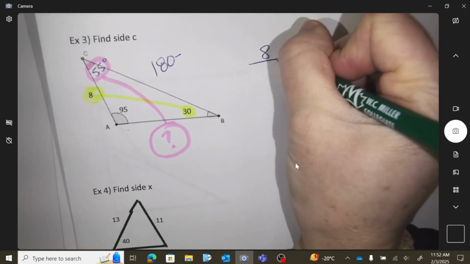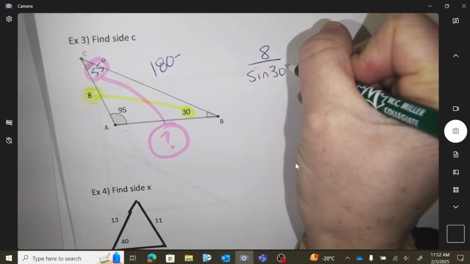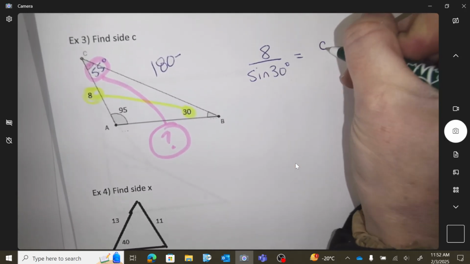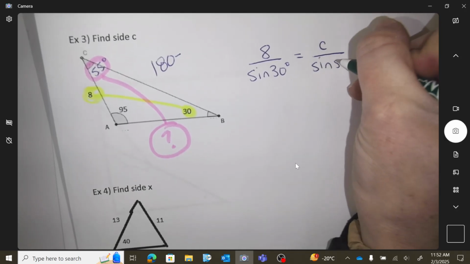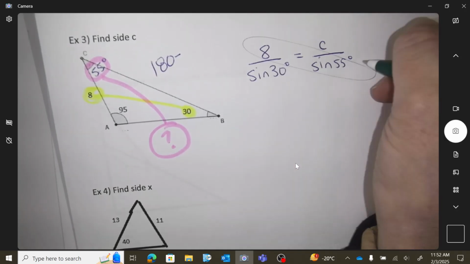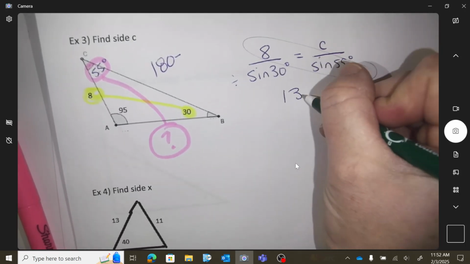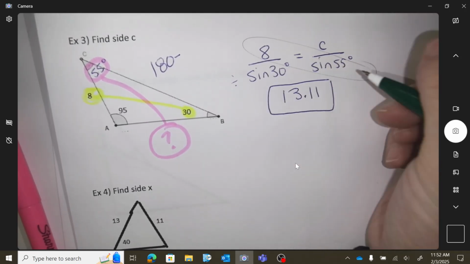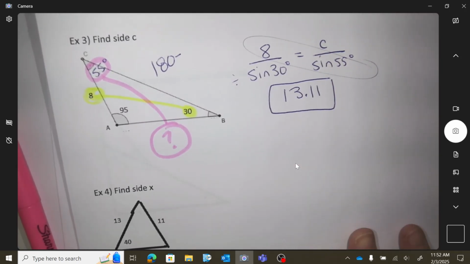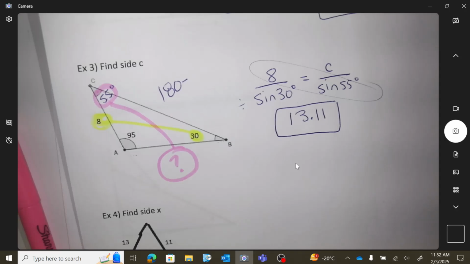Okay, let's see if you can do this one on your own. I will do it as well. Okay, and then we're going to leave the next one for tomorrow.